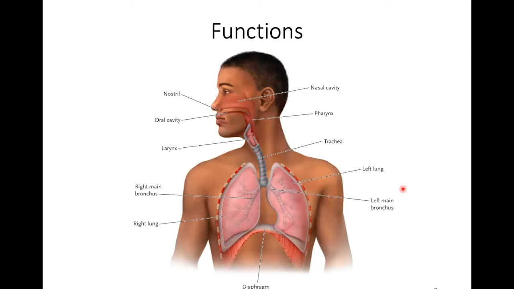Secondly, because carbon dioxide is so closely connected with overall proton levels within our blood and therefore acidity, we're able to regulate our overall blood pH by either increasing or decreasing the amount of carbon dioxide that we remove from our blood. Also, the paranasal sinuses that connect to the nasal cavity are responsible for warming and moistening that inhaled air. As well, we have the ciliated cells that line our upper respiratory tract that are responsible for filtering particles from the air that we inhale.